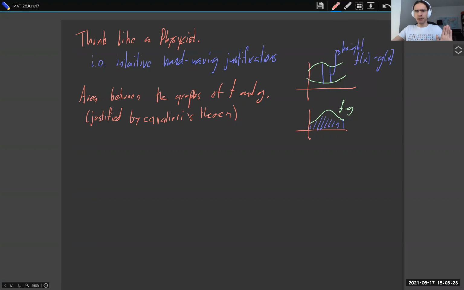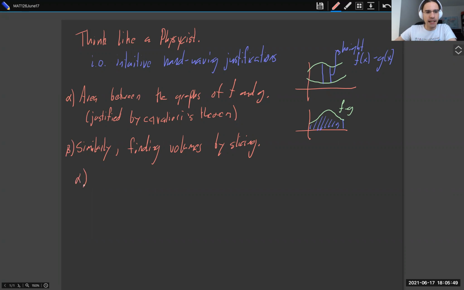A similar justification holds for finding volumes by slicing. And so we can say that these results, let's call this result alpha, let's call this result beta.